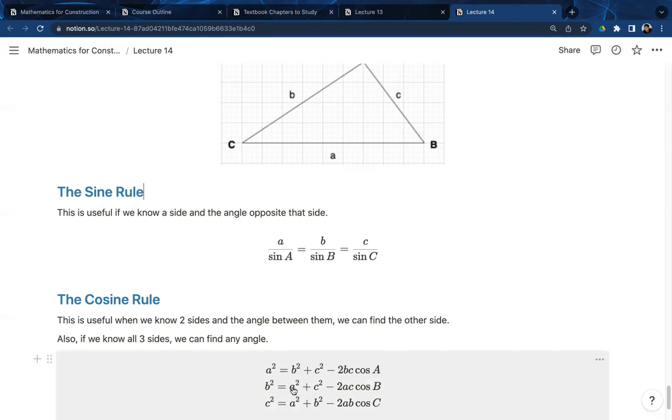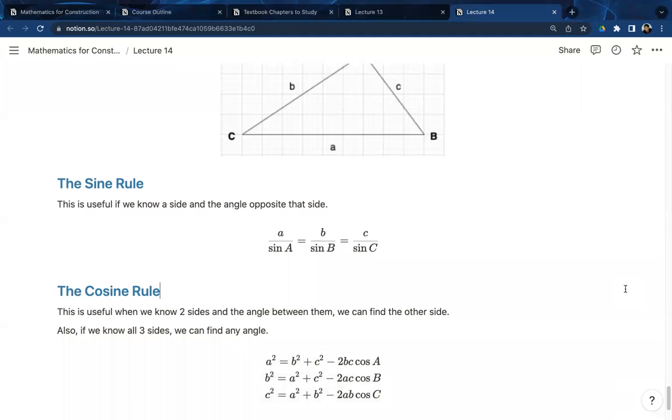If this is B, you see AC, AC. If the outside is C squared, you see AB, AB. It's the other two sides. So inside, on the right-hand side, you will see the other two sides, but on the outside, you will see the third side. And the angle is the angle opposite to the third side. So these formulas have a pattern in them, easy to memorize.